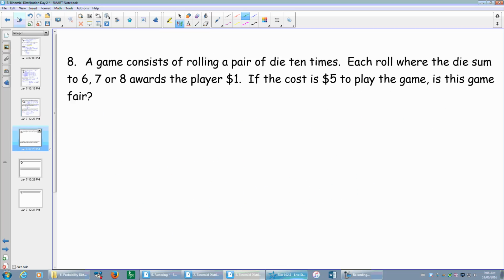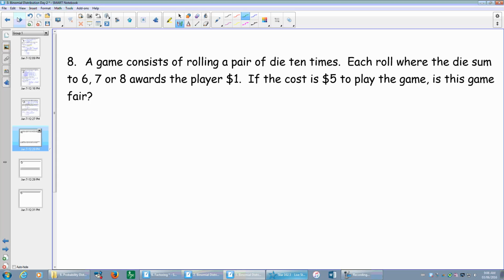Okay, the next question. A game consists of rolling a pair of dice 10 times. Each roll where the dice sum to 6, 7, or 8 awards a player $1. If the cost is $5 to play the game, is the game fair?